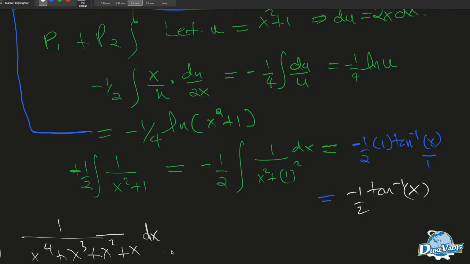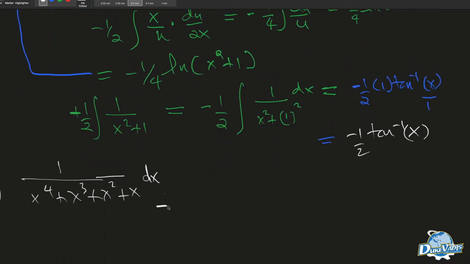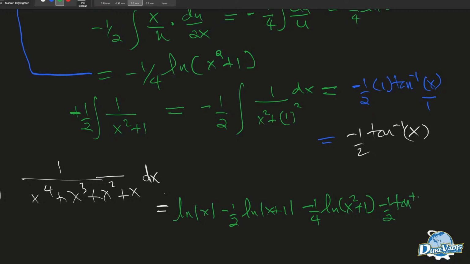So our answer for this integral is equal to natural log of absolute value of x, minus half natural log of absolute value of x plus 1, minus 1 over 4 natural log of x squared plus 1, minus half tan inverse of x.